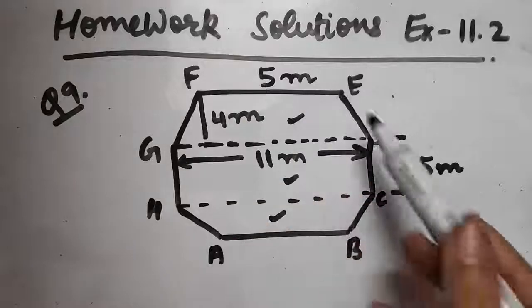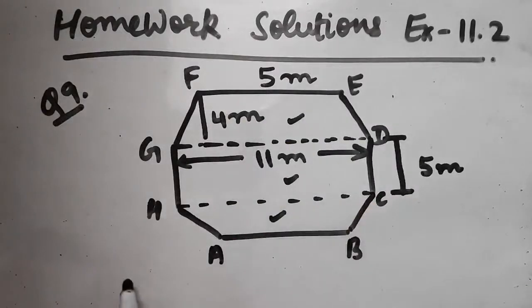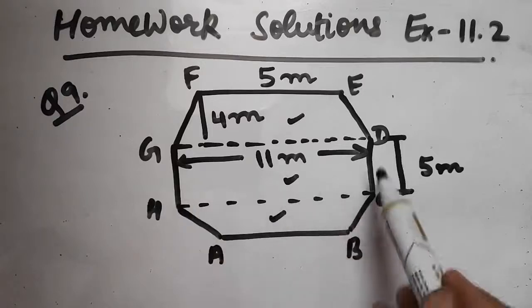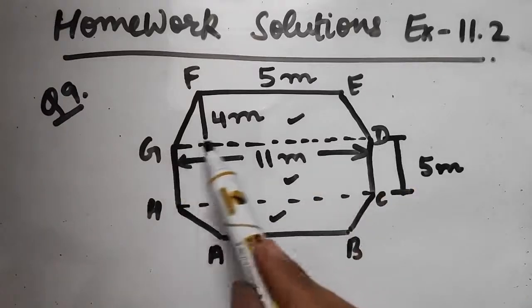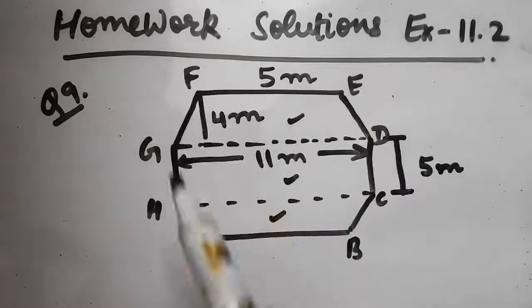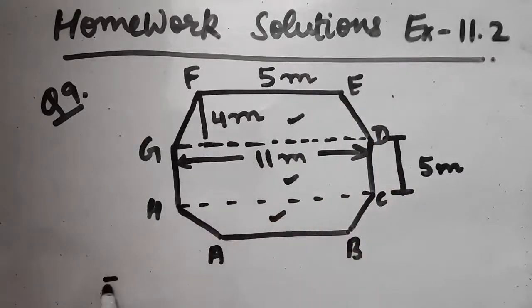So area of this octagonal region will be given by area of trapezium ABCH plus area of rectangle HCDG plus area of trapezium GDEF. So I am just giving you the hint of this question.